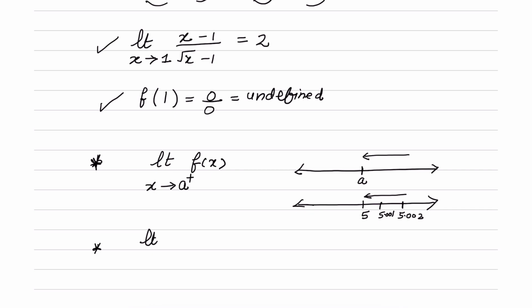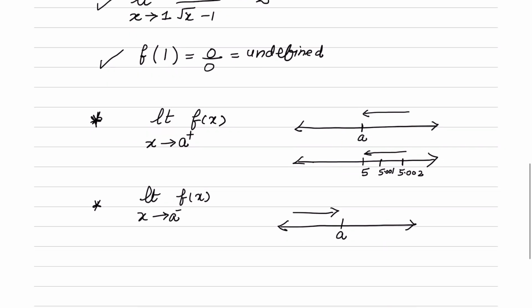If you have to find the limit of a function f of x when x is approaching a but from the left of a, this is denoted as a minus. So what is the meaning of this? That x is approaching a but from the left of a. Let's say a is again 5.